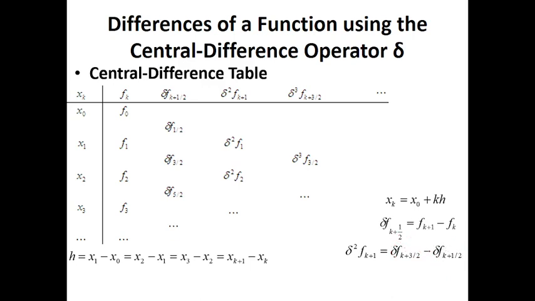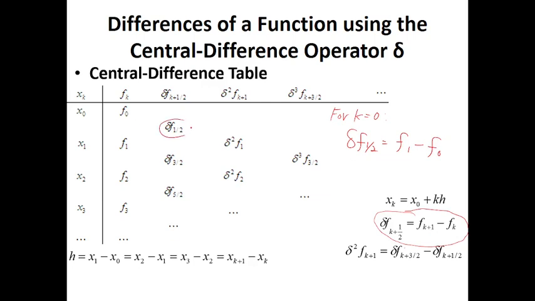Let me illustrate this in detail so that you can understand. If k is 0, for example, then delta f sub 1 half is f sub 1 minus f sub 0.